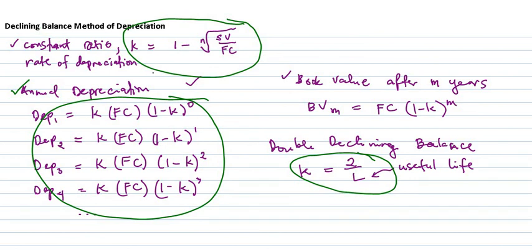For declining balance, our K is 1 minus the nth root. For the double declining balance method, our K is 2 over L, wherein L is the useful life. So that is all about the declining balance and double declining balance method of depreciation.